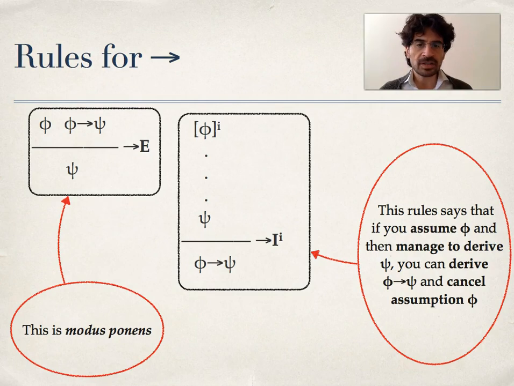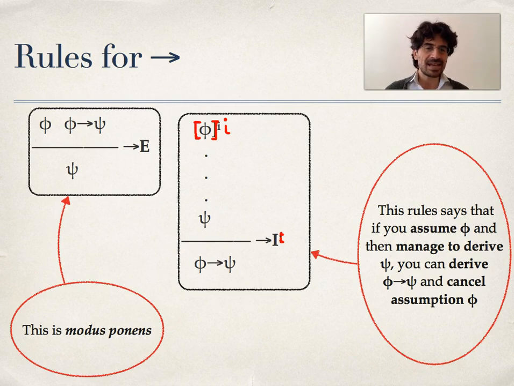Consider how the formula phi is written. We write it between these square brackets, and we label it with this I, or you can label it however you want. And notice that this I is repeated here when we apply the implication introduction. So you need to keep track that that's the assumption you're considering.